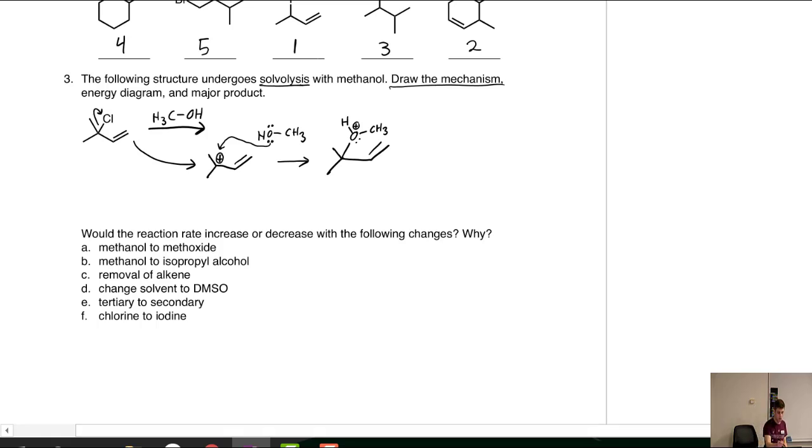Well, there are more than one of these methanol molecules floating around in the solution. So another one that's just hanging out in the beaker can come along and act as a base. Take this hydrogen and these electrons in this bond here and collapse back onto the oxygen.